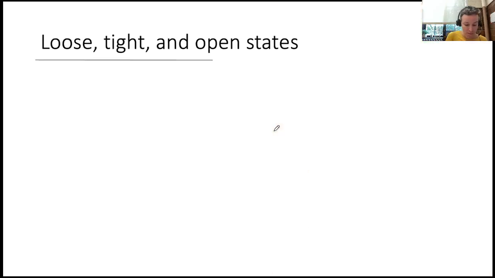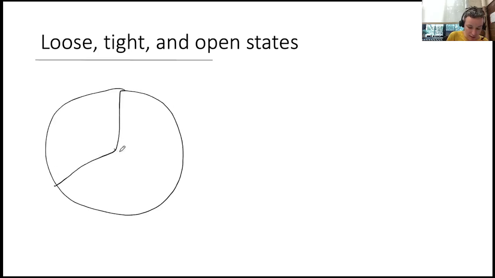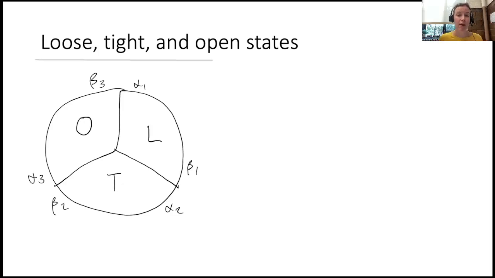So this top-down view, then, we can understand would look something like one dimer of alpha and beta being in the loose, 1 dimer of the alpha and beta being in the tight, and 1 dimer of the alpha and beta being in the open.